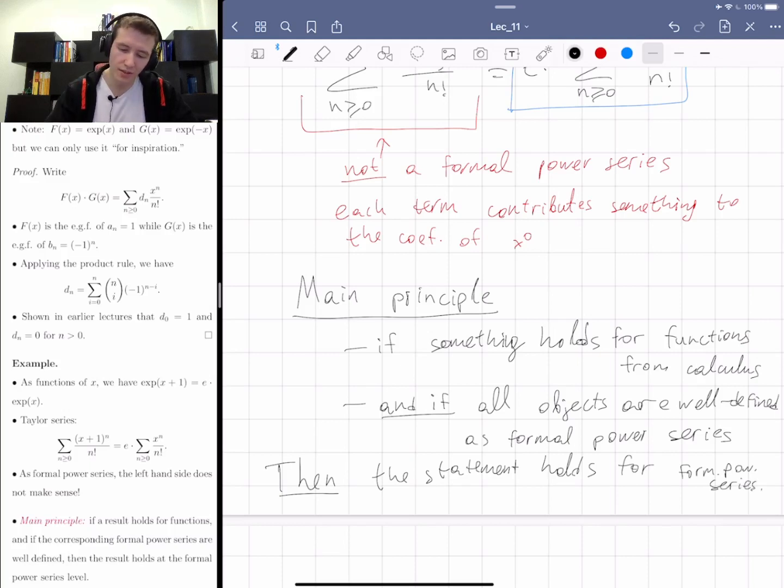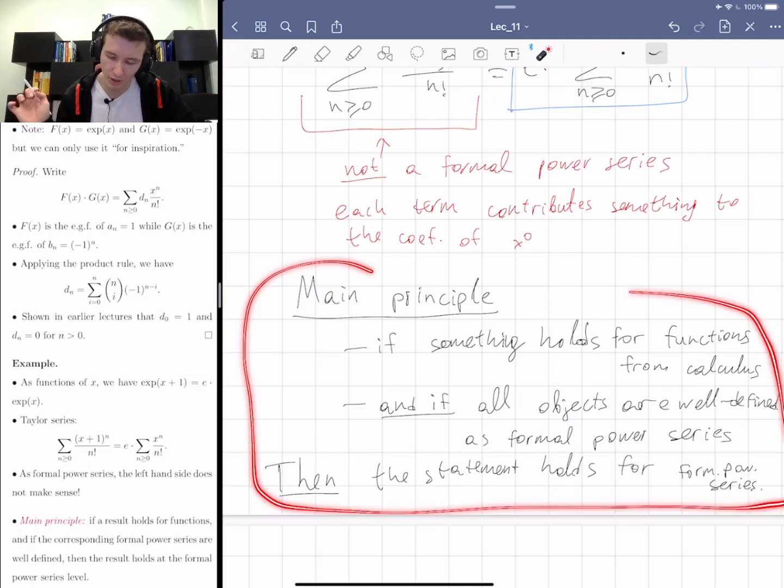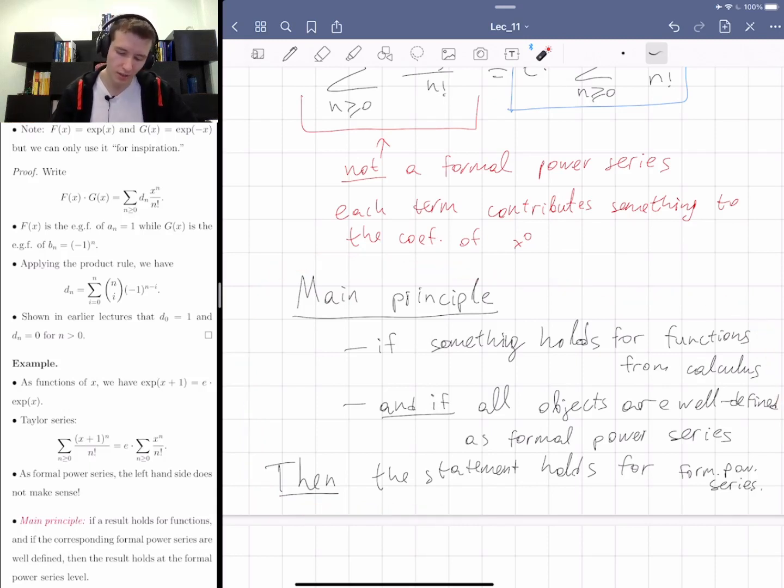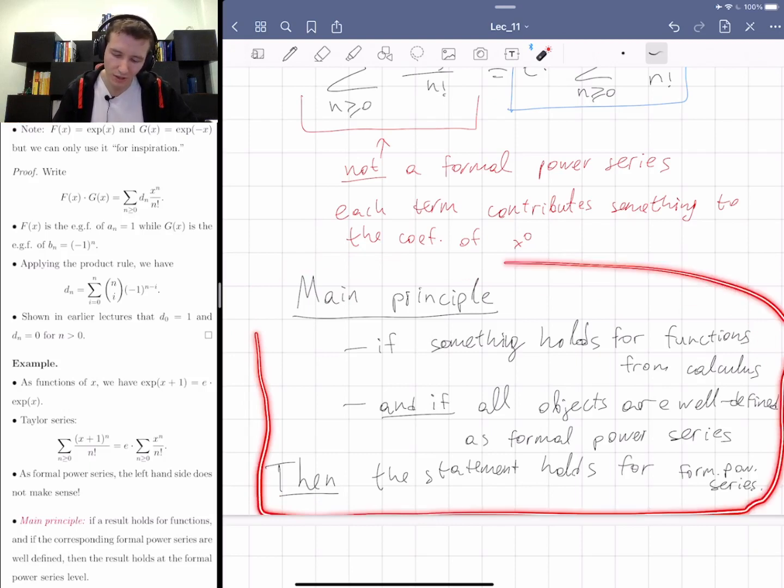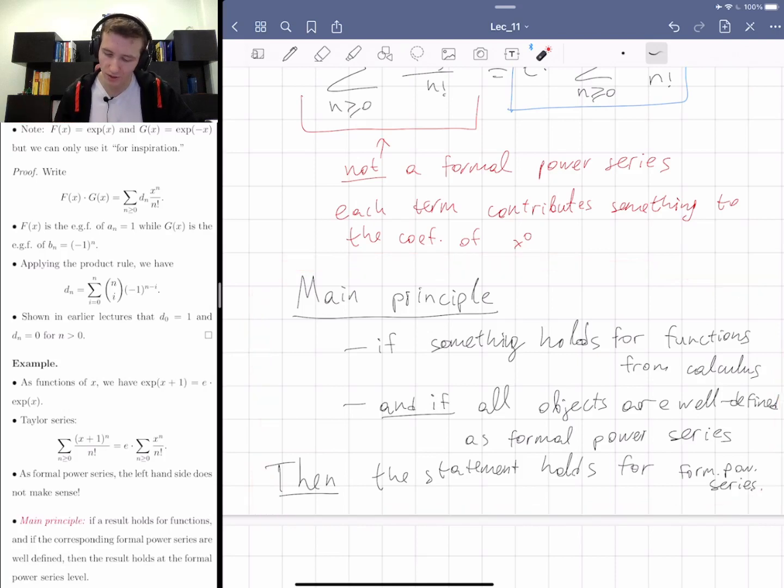So that's not quite rigorous. There is a way to make this rigorous, which I'm not going to try to do, but you can basically use this with care. So if you can justify all operations at the level of formal power series, then it works.